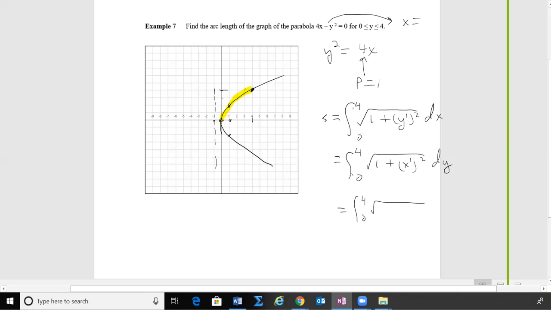With x is just 1/4 y squared. So x prime is 1/2 y. So when you put that in here, you're going to have a 1 plus y squared over 4 dy. That's going to give you 0 to 4, 4 plus y squared, and a half. That 2 will come out here.